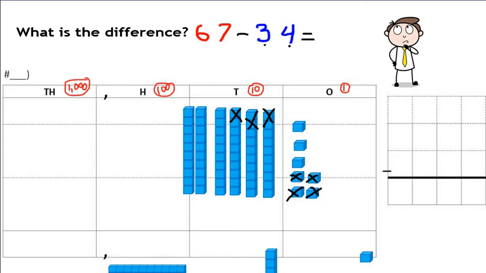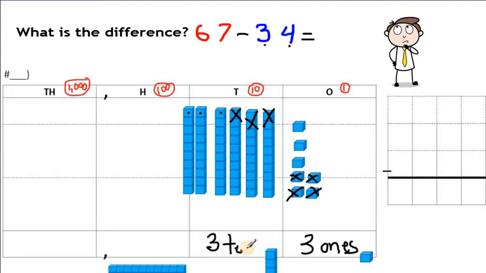What is the difference? And I can see that I have 1, 2, 3 ones, 3 ones, and 1, 2, 3 tens. 3 tens.